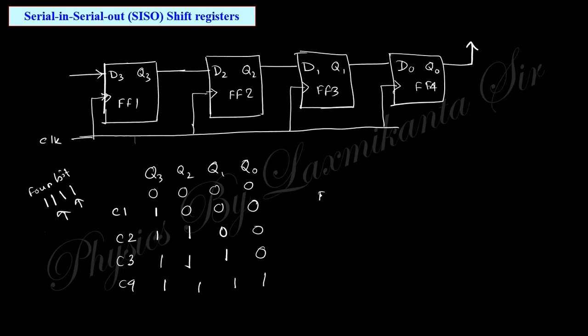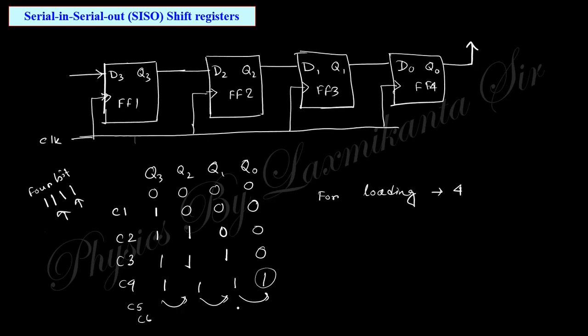So for loading, the clock pulse required is 4. Here the 4 bits are loaded, and Q0 already reads this one. For reading next, you need one clock pulse to read that one, and during that this shifts here, then this shifts here.